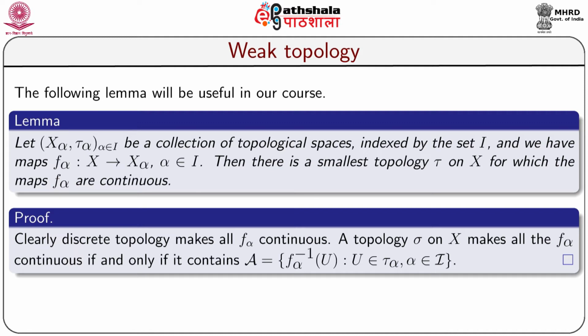For the proof, a topology sigma on X makes all f alpha continuous if and only if it contains this collection script A equal to f alpha inverse U such that U belongs to tau alpha and alpha belongs to I.